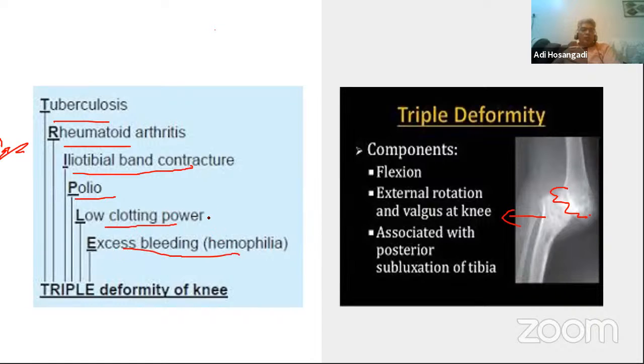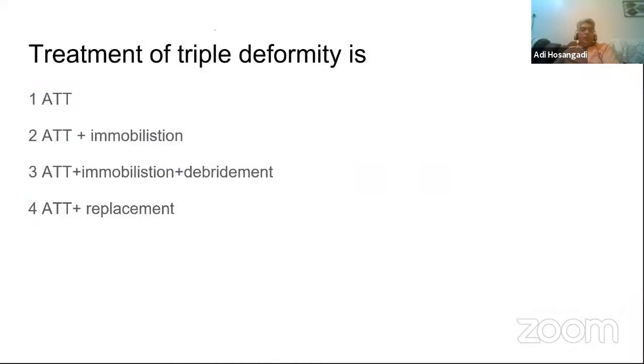Of course, both are similar. Instead of remembering hemophilia, they have expanded that: tuberculosis, rheumatoid arthritis, IT band contracture, polio, lower clotting power or excessive bleeding. That is hemophilia. Okay, so we'll come to some MCQs.